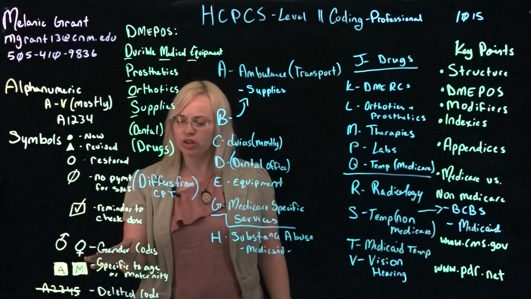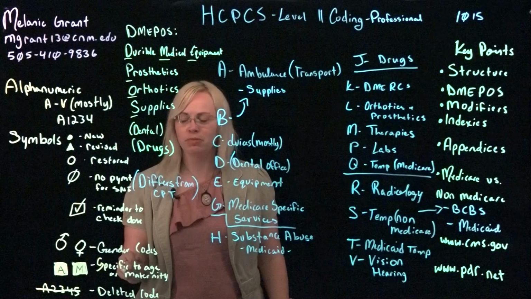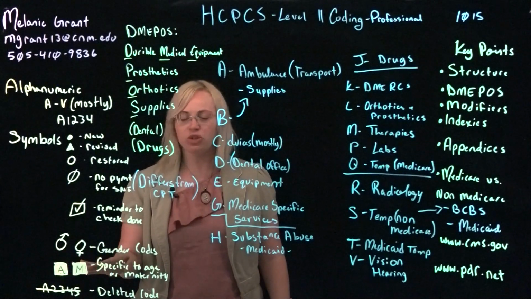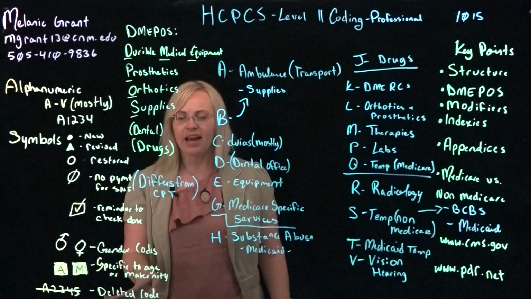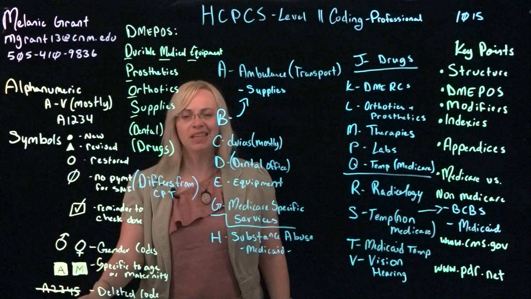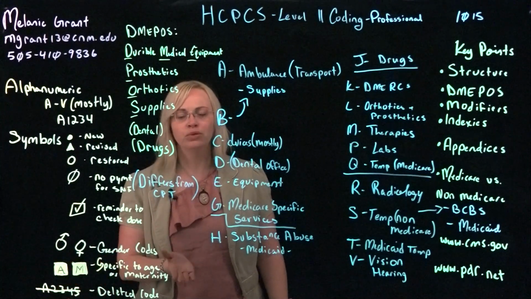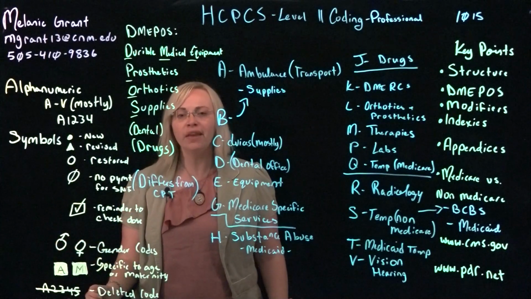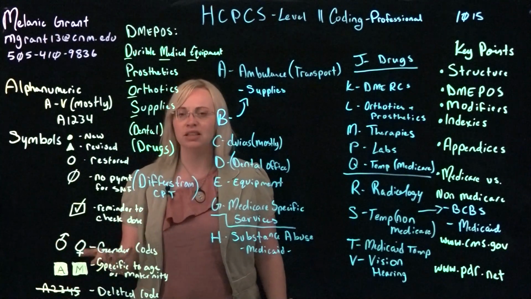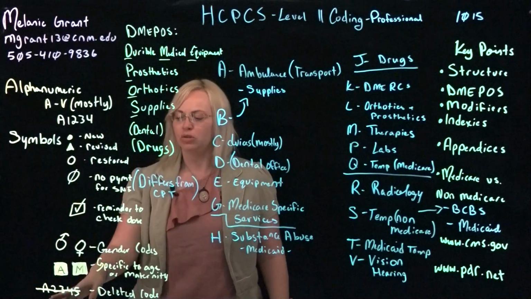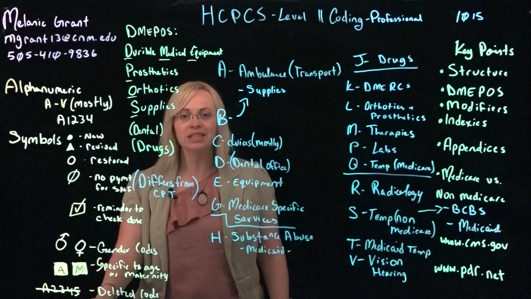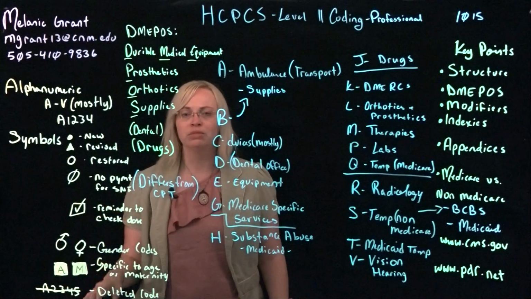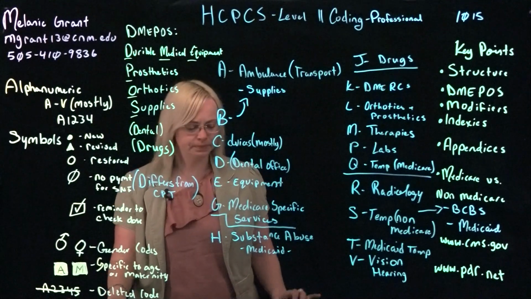Then you have your gender codes, which are pretty much your male and female symbols, age and maternity specific services, and your deleted codes, which are identified by listing the code and its description with a line through it. So unlike with your CPT codes where a deleted code is simply taken out, your deleted codes here are going to be listed but with a line through them to say this is no longer active.